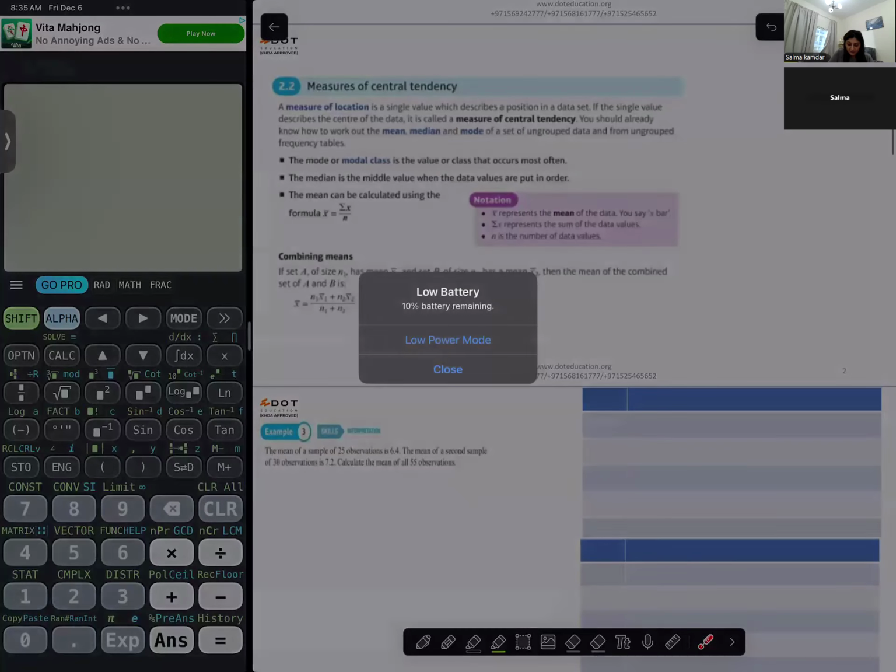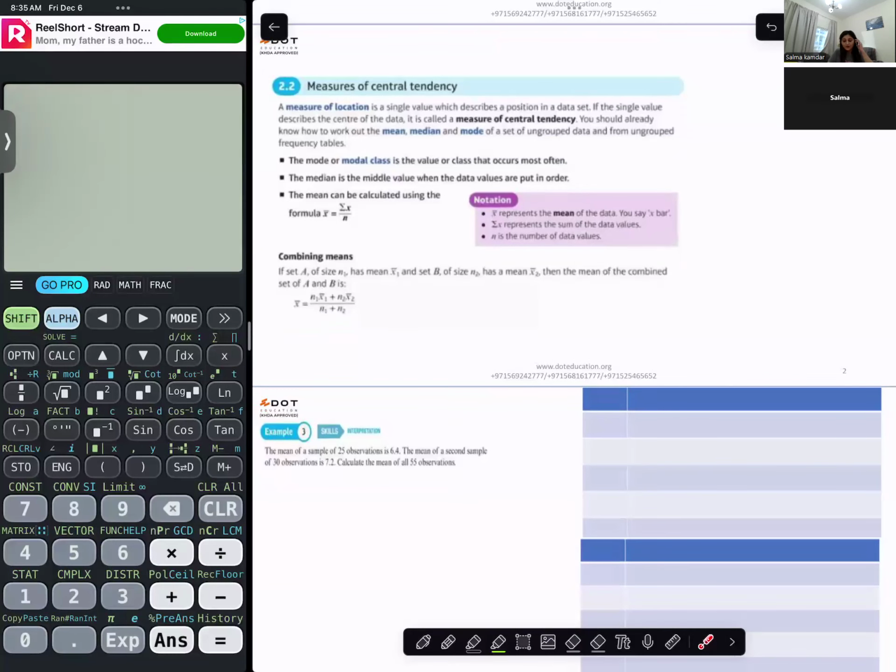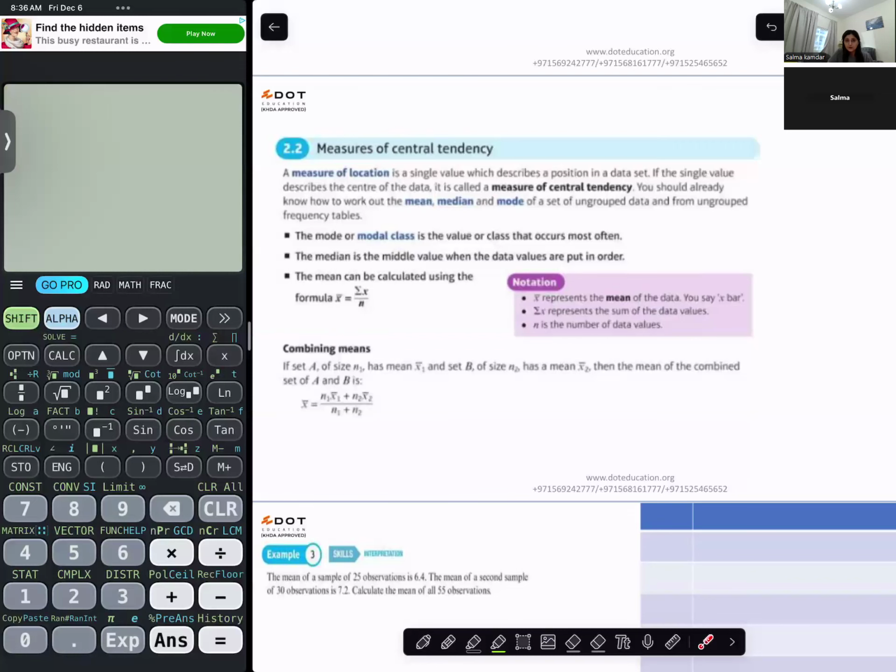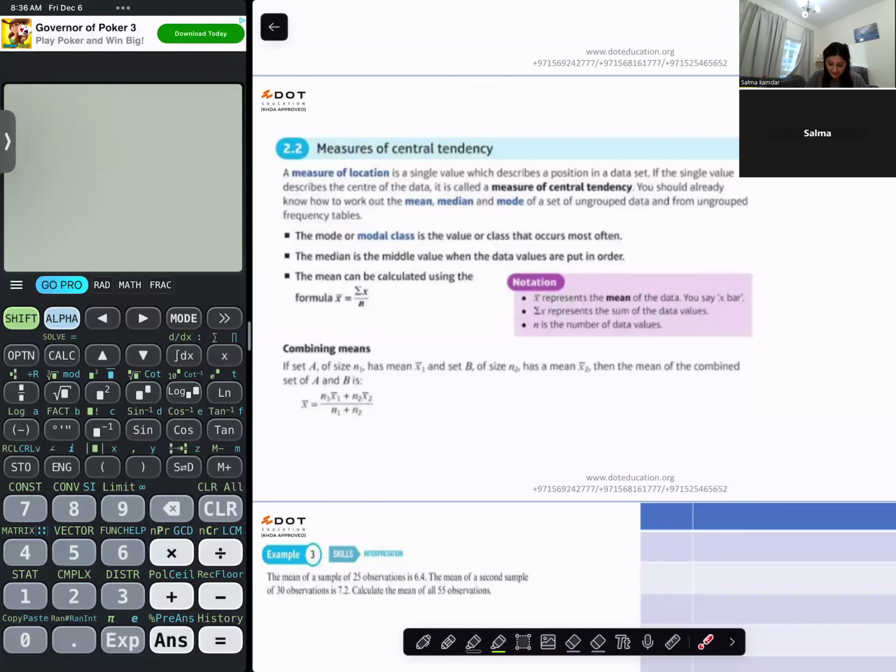So we are doing chapter 2.2 of measures of central tendency, Statistics, Edexcel AS Year 1. Here we do measures of location. When I talk about location, location is one single value that describes the position of my data.